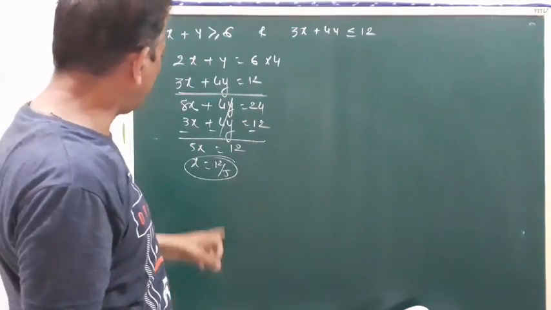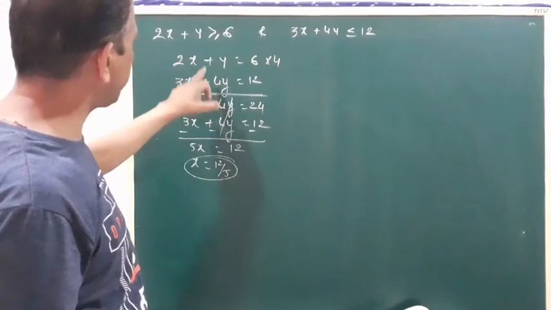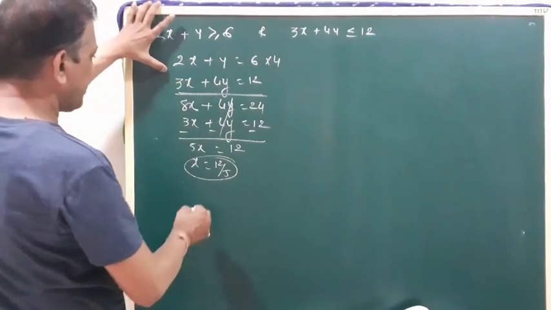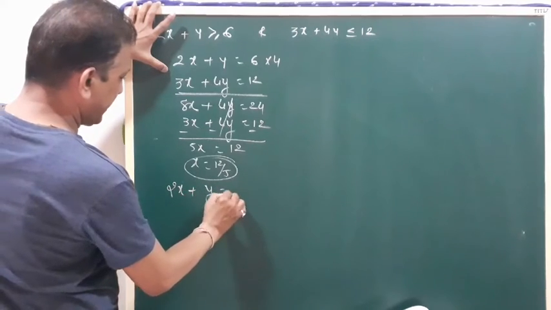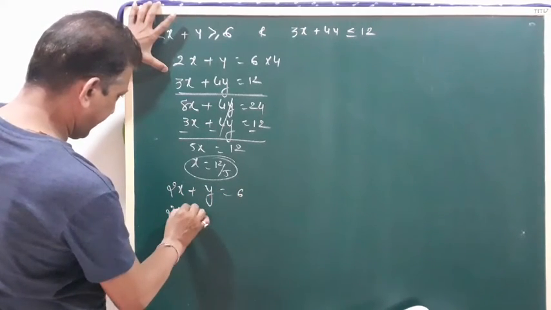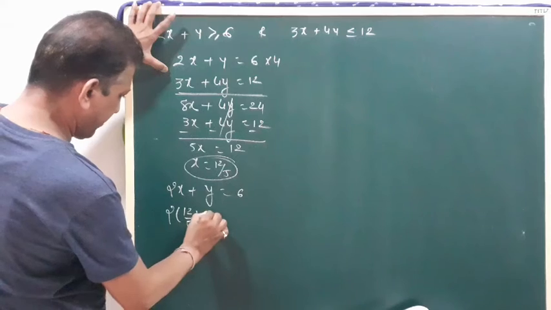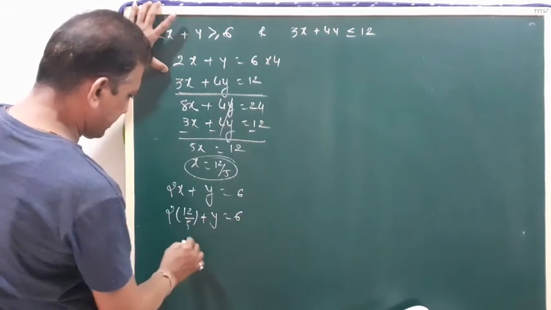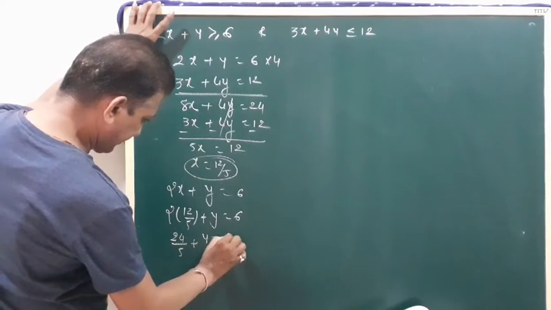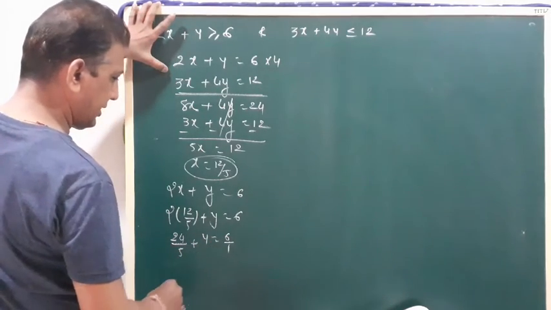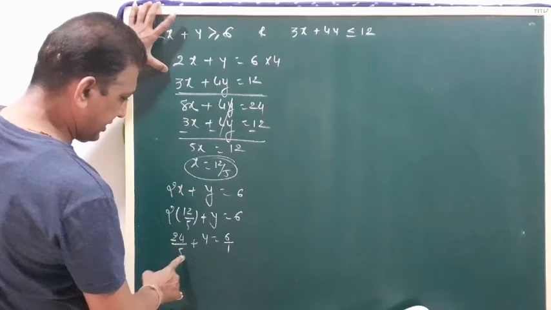Okay. Now put x equal to 12 by 5 in any one equation, first or second. We put it here in the first equation. 2x plus y equal to 6. 12 by 5 plus y equal to 6. Denominator 5.